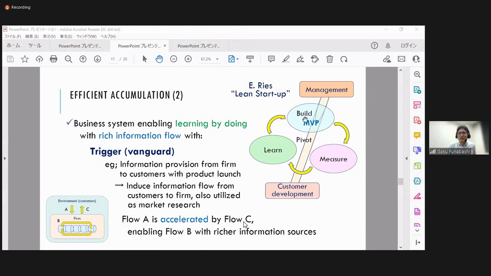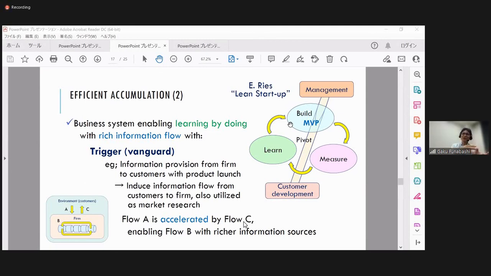And why he used the word minimum? No, he didn't ask you to make a perfect product before you send it to the customers. You don't have to wait until you think you make a perfect product. Just make the prototype of product and ask the customers. Doesn't have to be perfect.